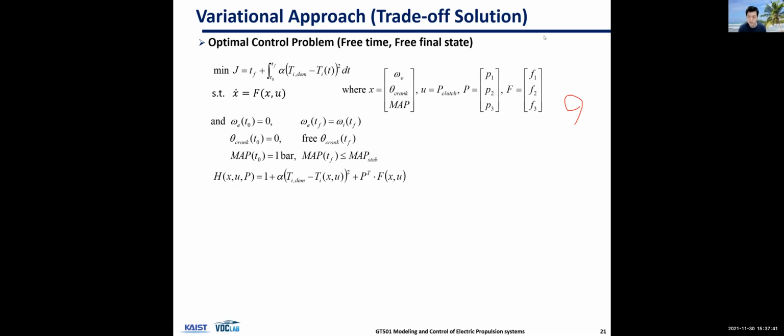I also tried to solve this problem using a variational approach. Does this look familiar, right? First we want to find the necessary conditions.